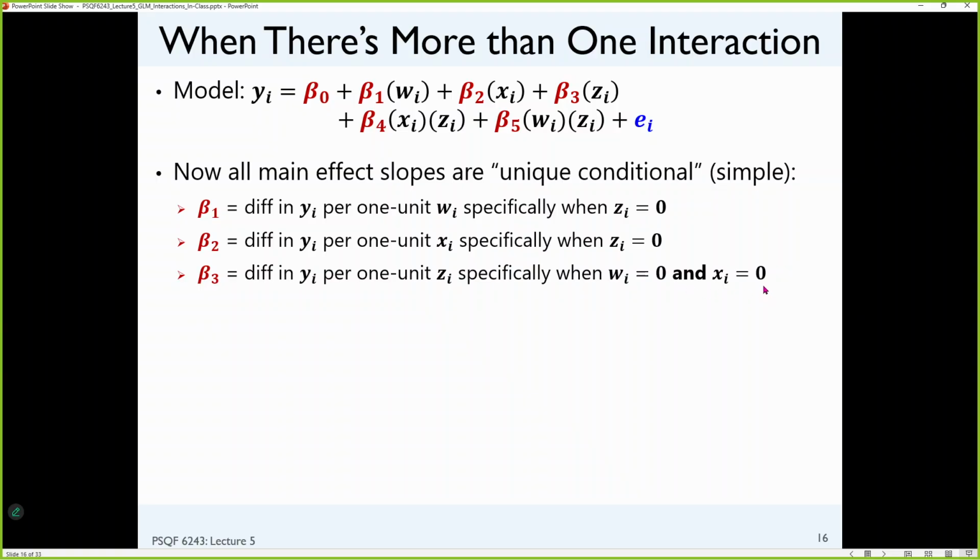Cough, cough, homework question. There's drop-down menus for this. The slopes are only conditional on variables they interact with. If they don't interact with it, they're not conditional.